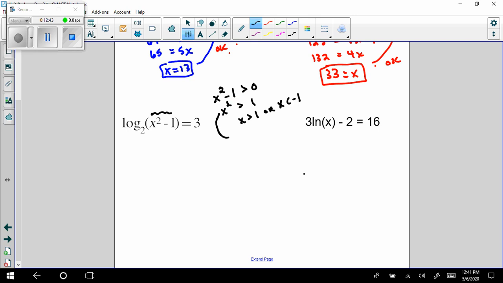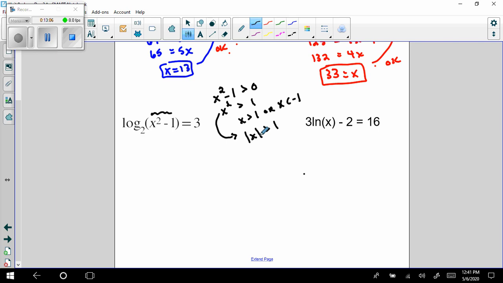Okay, so the proper way to explain that, the way we do that in math analysis and calculus, is when I have, oops, I lost my stylus. Whenever I have an x squared, I go to my absolute value of x is greater than the square root of whatever is on the other side, which in this case is 1.